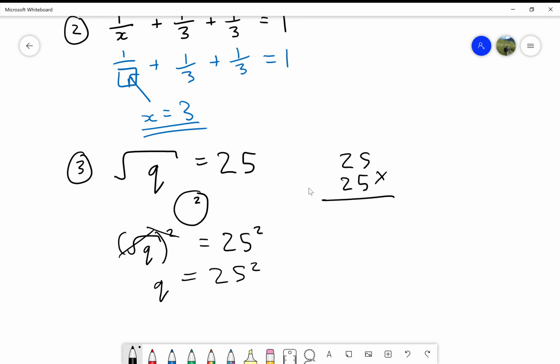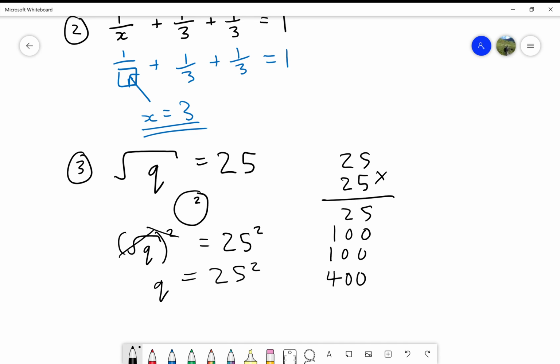25 times 25, right, 5 times 5 is 25, 2 5s are 20, well that's 20 times 5, so that's 100, plus 100, and what's 20 times 20? That'd be 400, I'm pretty sure.